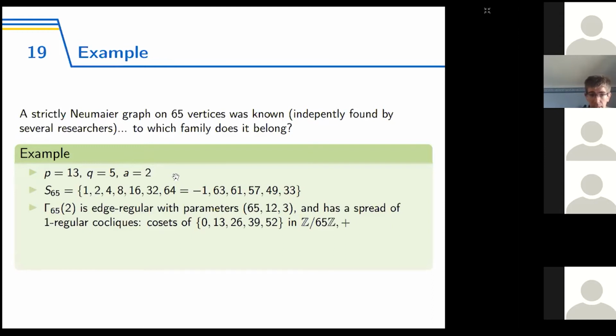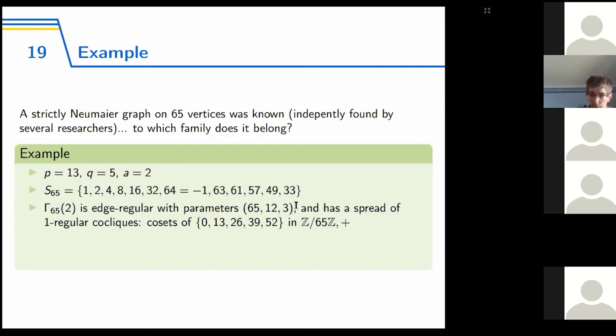because what you then can do is take the Cayley graph with as vertices the integers mod 65 and use this set of powers of 2 as generating set. And the fact that -1 is there guarantees that the graph you find will be a simple graph. It's not directed. And this is guaranteed to be an edge-regular graph with these parameters.